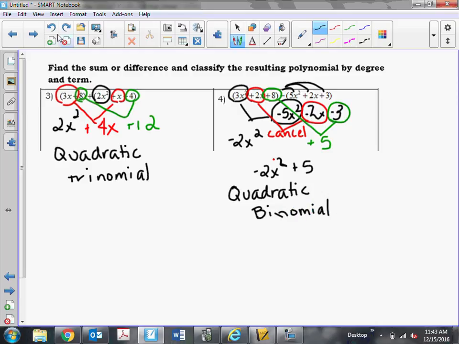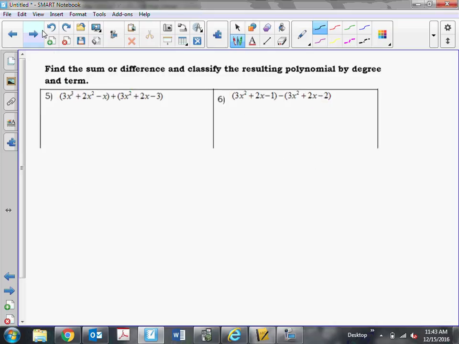Let's look at a couple of more. If we take a look at this one right here, we're going to combine our like terms by adding. There is no like term to this 3x to the third, so we just write it out in front. But we should see that this 2x squared and this 3x squared are like terms, giving me a positive 5x squared.